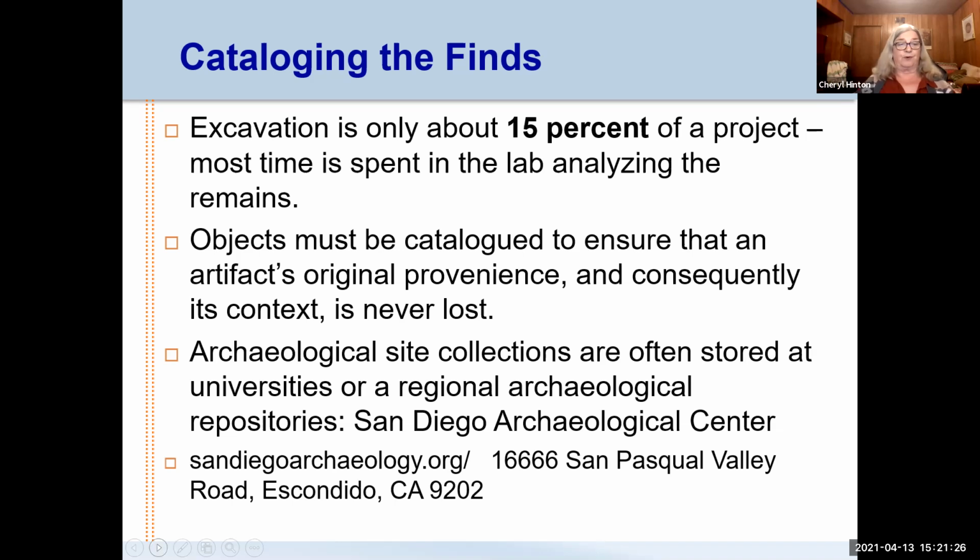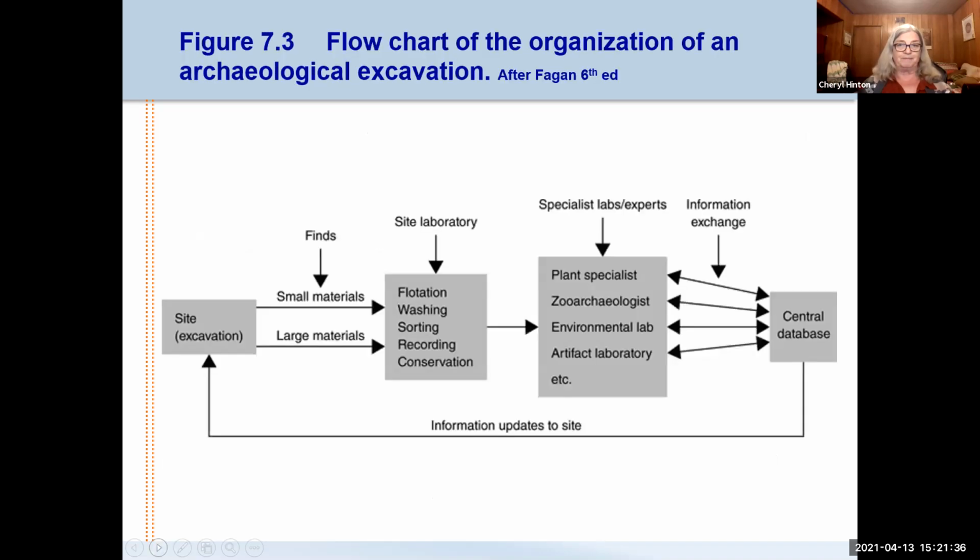But we're running out of room, and we need to keep this evidence for future research, but now we have more boxes of site collections than we have room to properly store them. So it's an ongoing problem. And this is just a flow chart of how, in an excavation, things go, who looks at them, and how the central database is formed.